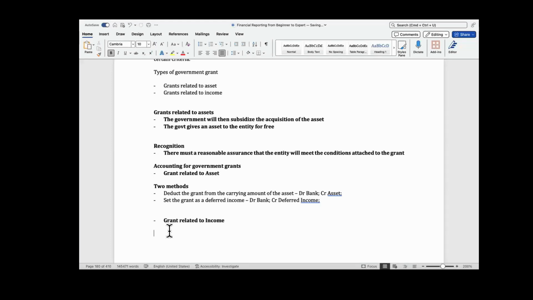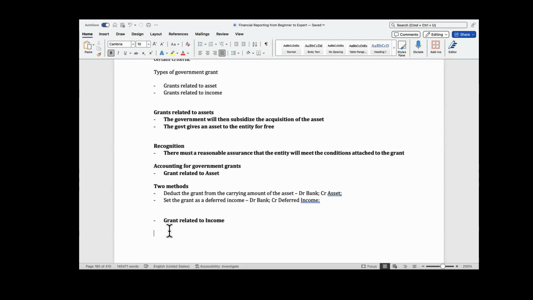Maybe the government says you want to do a training for your staff, they decide to give you 5 million to support whatever you are doing. Any grant you get from government, or like the one Jamie asked me, a below market rate, that savings you're getting is a government grant related to income. Any grant that does not involve assets is definitely a grant related to income.